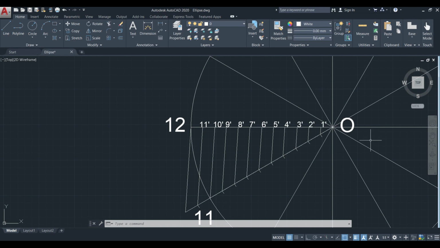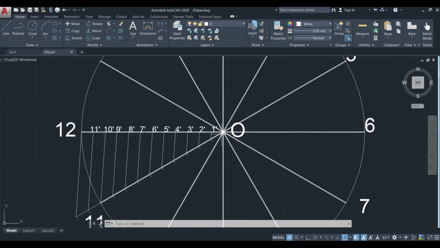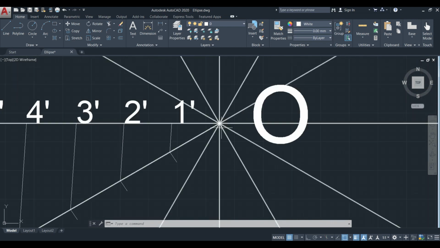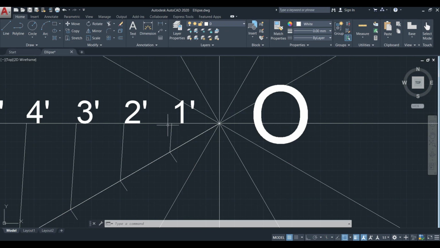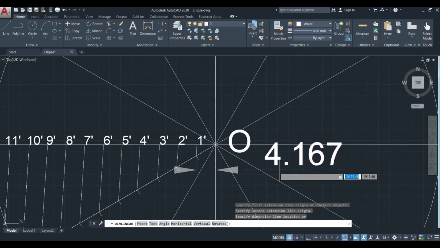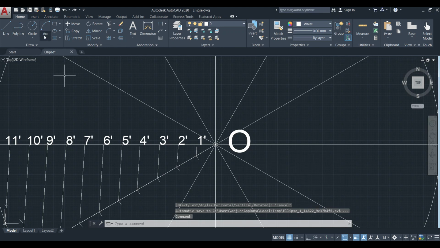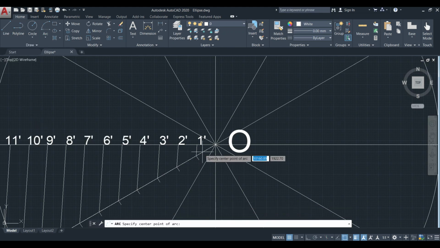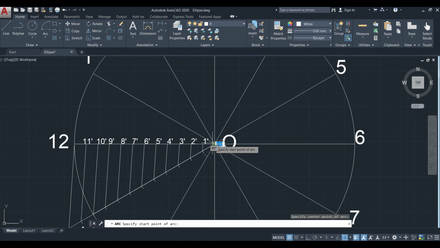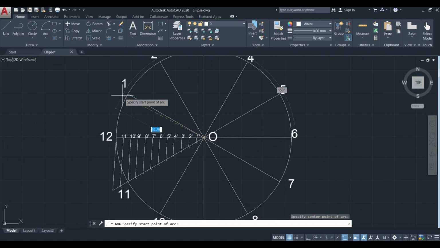Now the next step is we have to measure the distance between point O and 1 dash here. This is 4.167. With that particular distance we have to draw an arc connecting the point O on the line O1.